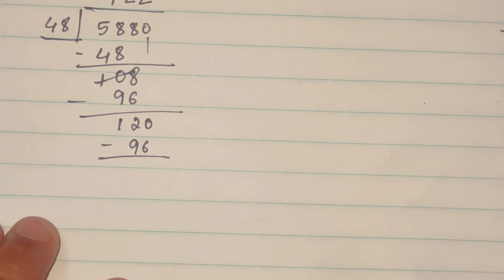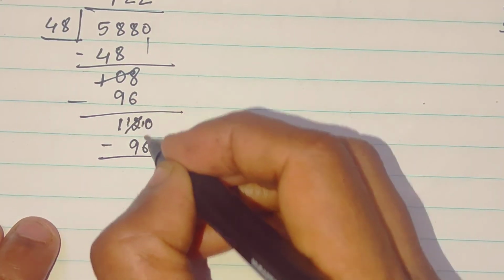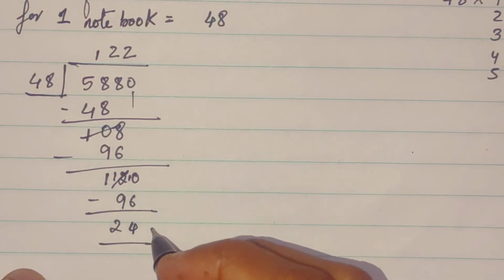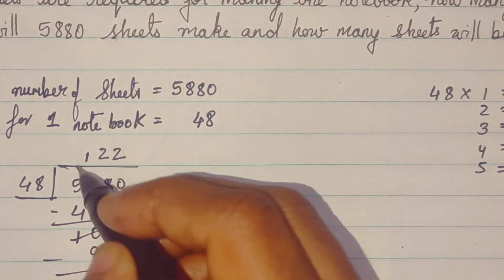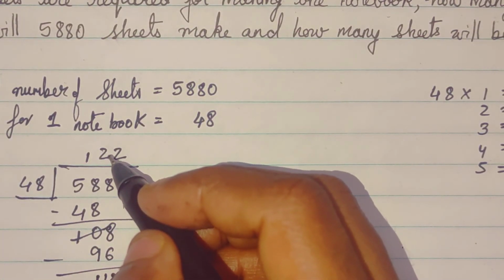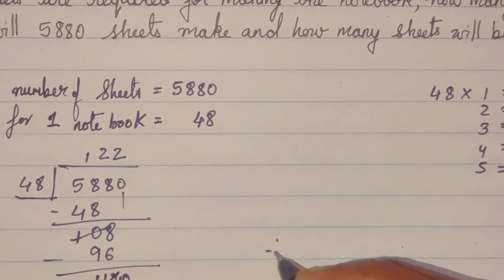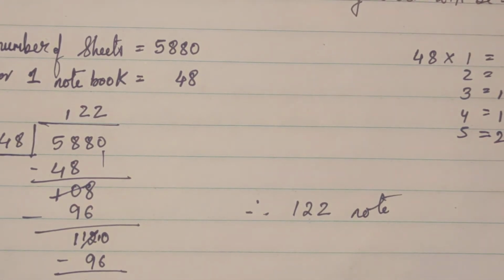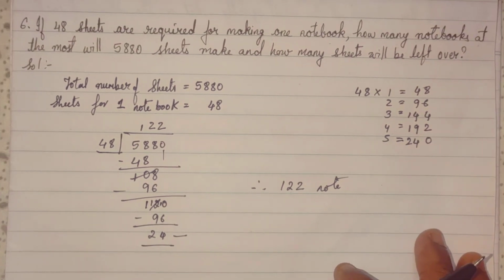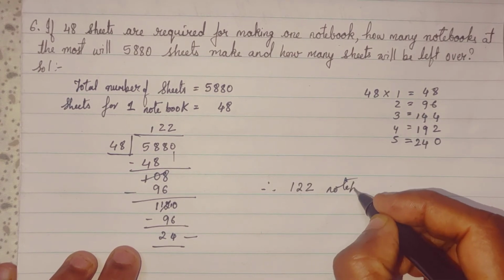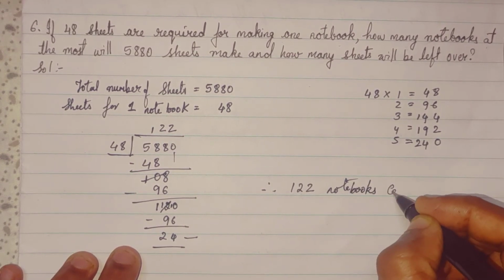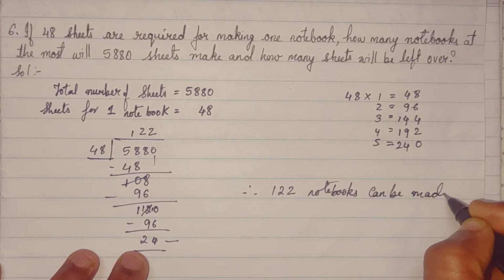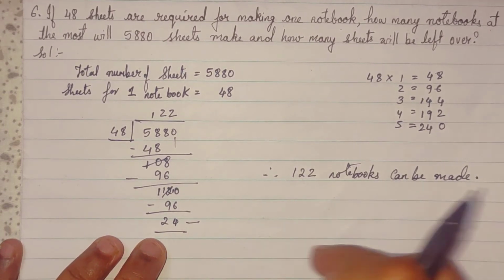So after subtraction 24. So this is remaining sheet, but number of sheet cannot be divided further. So quotient is 122, therefore 122 notebooks can be made, and 24 sheets will be left over.